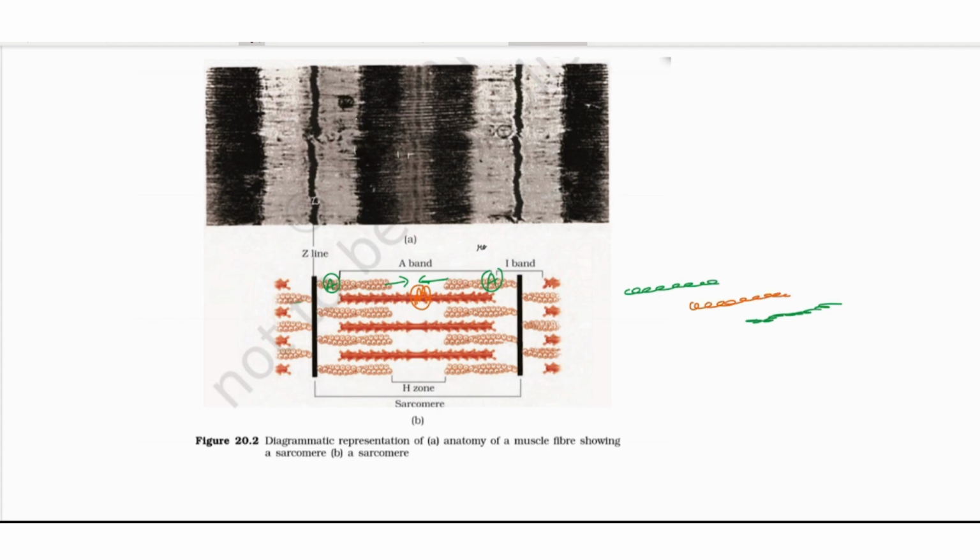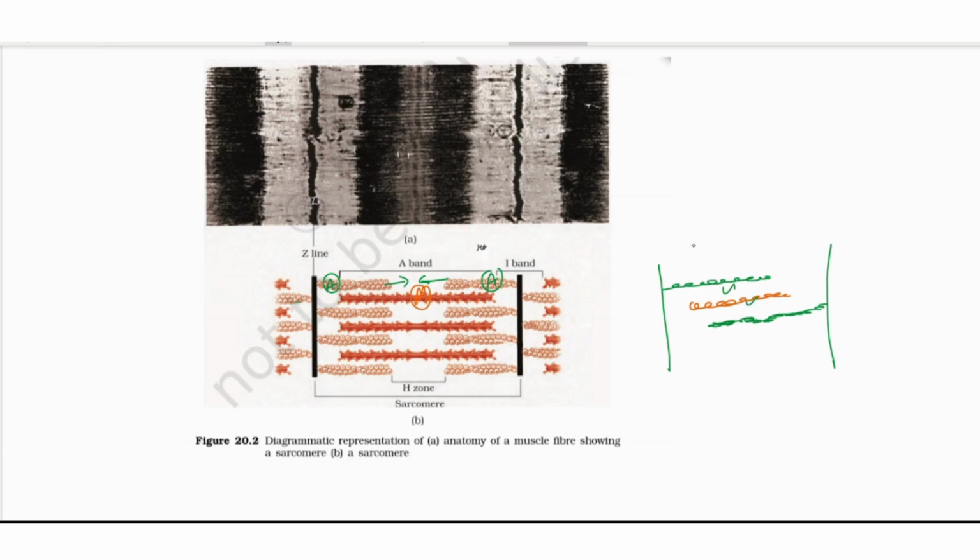But during the contraction, this actin would completely come into the center, from this side and from this side also, and the myosin stays as it is in the center. From this side the length would be reducing, but it is coming into the center. So the actin from both sides would be coming into the center, and there is overlapping between the actin and the myosin.